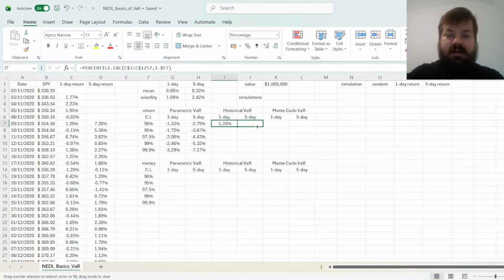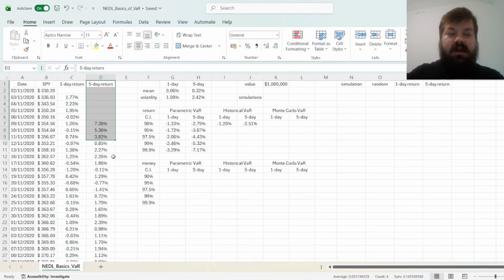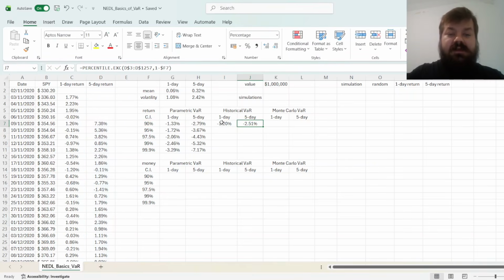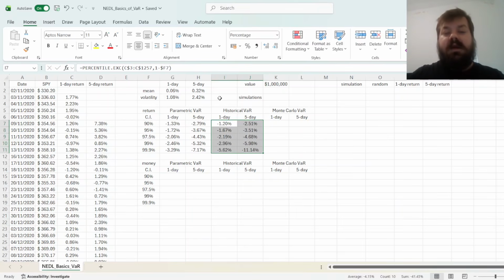And as we have got 5-day holding period returns in the nearby column, dragging to the right works just fine. Again, those missing cells are ignored by the percentile function, so the output is correct. And dragging down allows us to calculate historical value at risk figures for all the relevant confidence intervals.